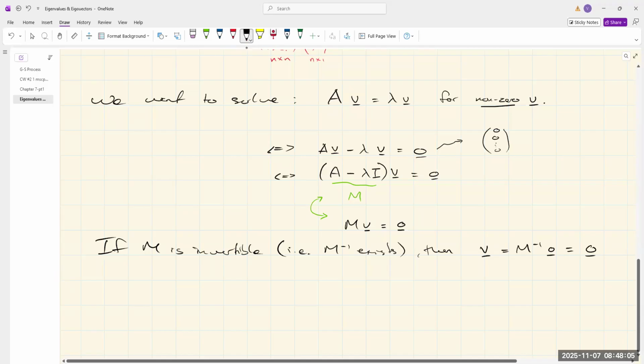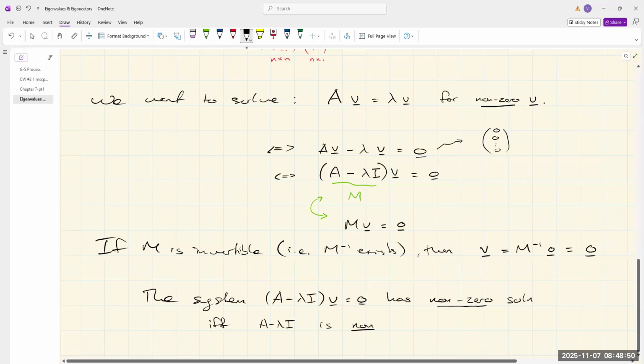So this is the same thing as saying, let's go back to what M is. I defined M to be A minus lambda I. The system A minus lambda I times v equals 0 has a non-zero solution if and only if the matrix M, which I labeled A minus lambda I, is not invertible.